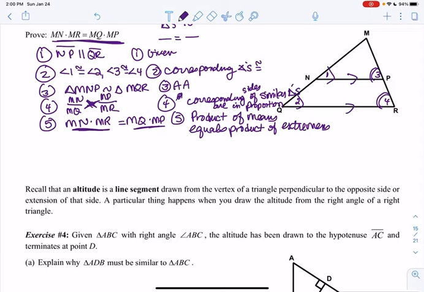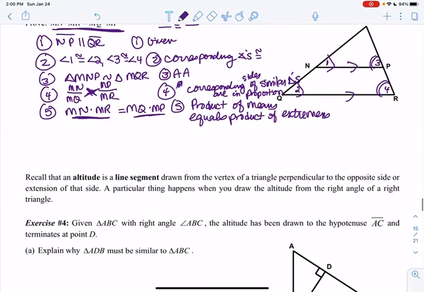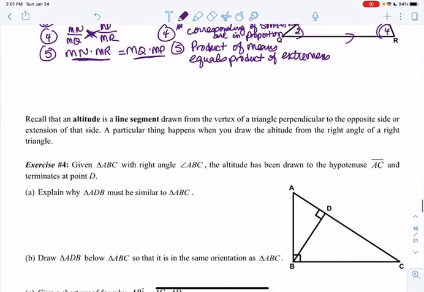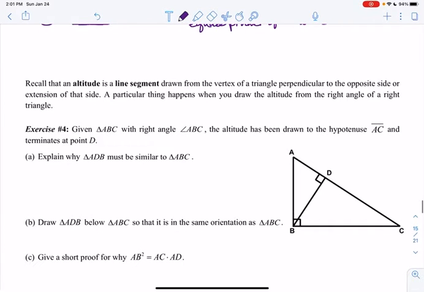We're going to try another last question dealing with altitudes, okay? So an altitude is a line drawn from the vertex of a triangle perpendicular to the opposite side. A particular thing happens when you draw the altitude from the right angle of a right triangle. All right, so given triangle ABC, so that's this big one right here.